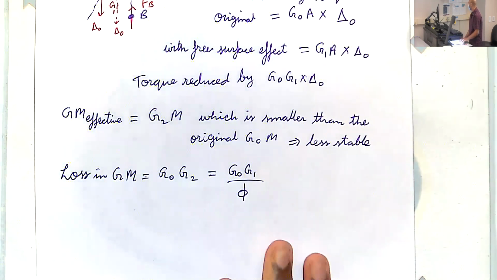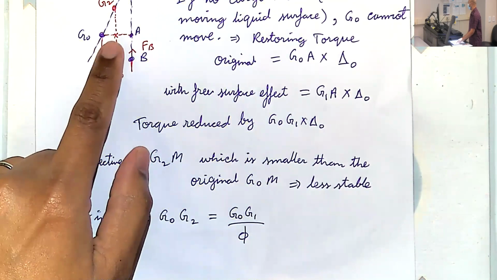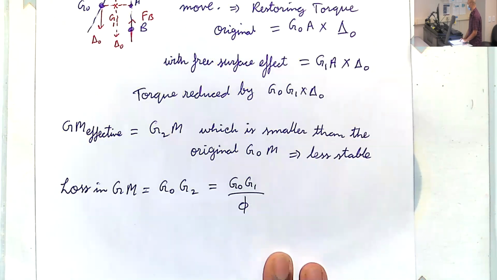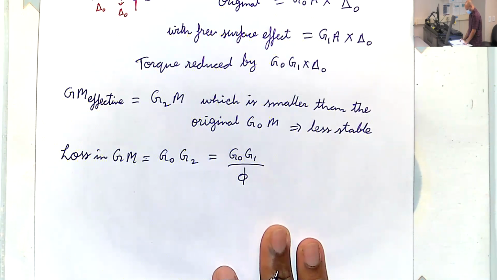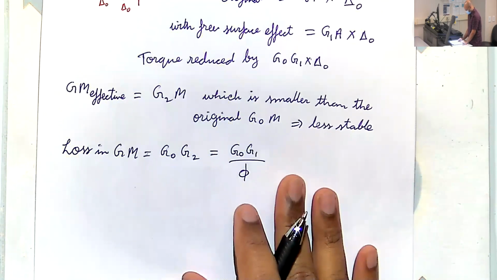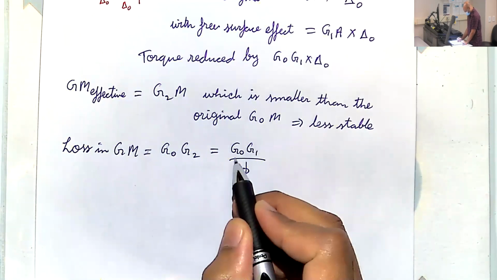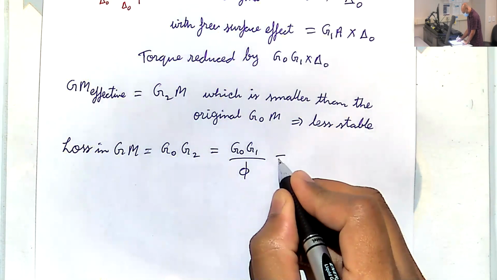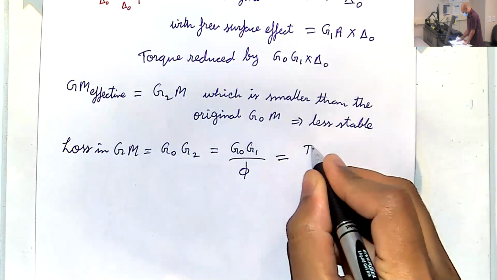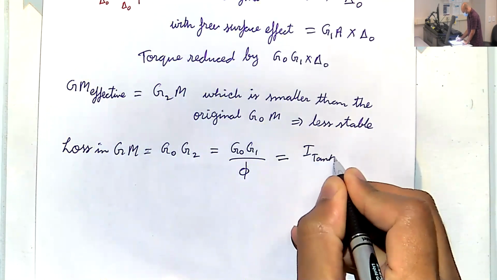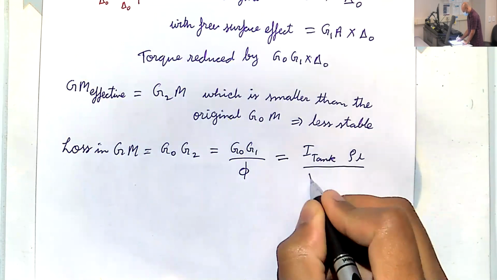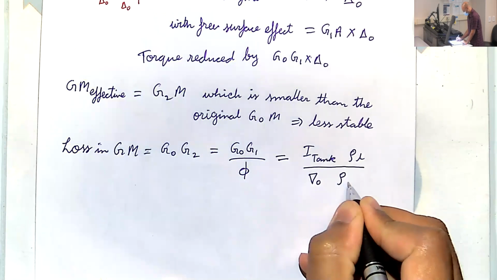Again, we have a right triangle here, G0, G1 and G0, G2. G0, G1, we had an expression for this. We plug it in, and what we get is I tank rho L over nabla 0 rho S.